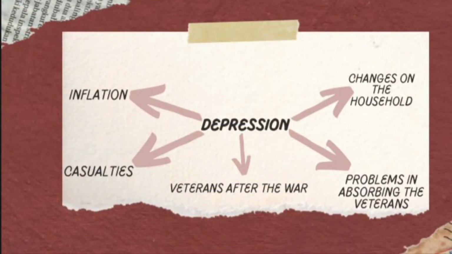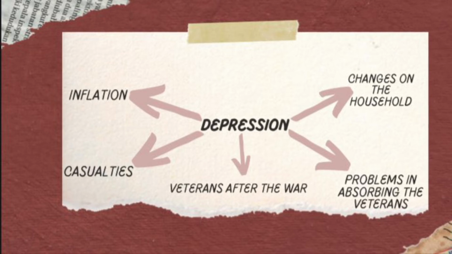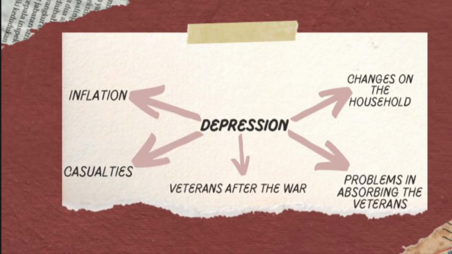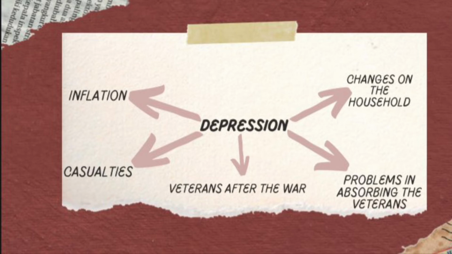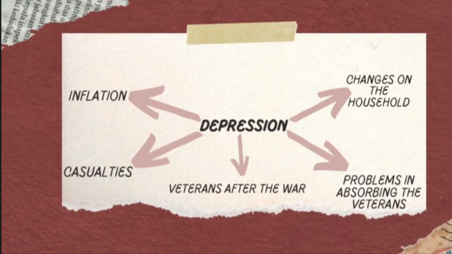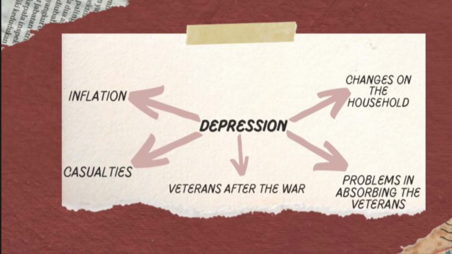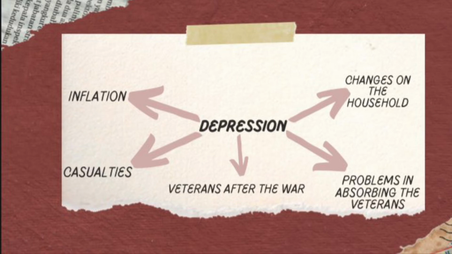Inflation changed the household because women had to work, they didn't have a husband, and they needed to leave their kids with other people or with government institutions. Also, casualties and enterprises having a problem absorbing veterans, because they didn't have a profession at all or they just had psychological damage, led to depression, because veterans after the war, as is already marked in the presentation, returned with high levels of depression and mental illnesses.